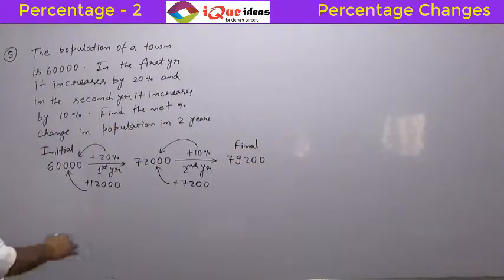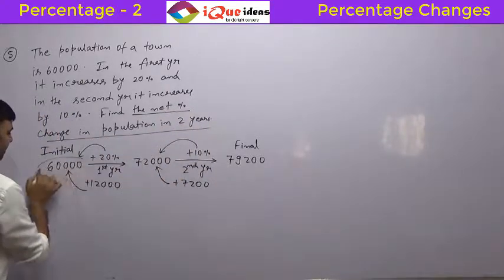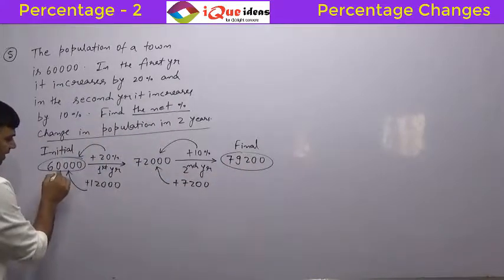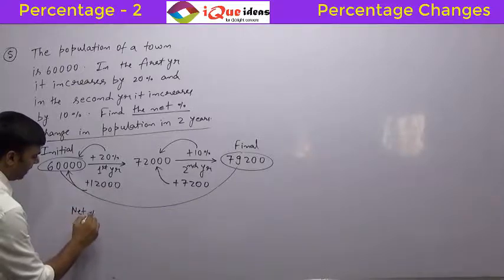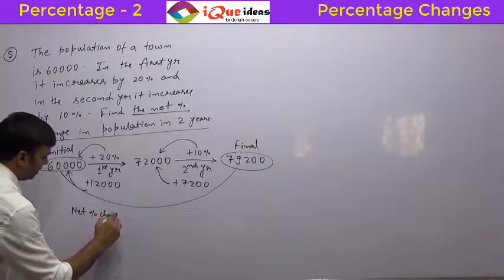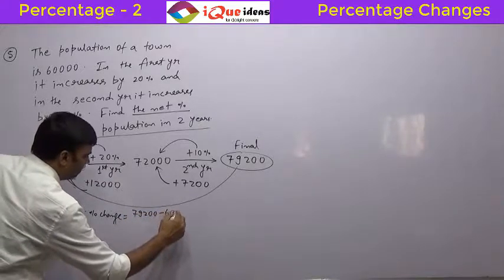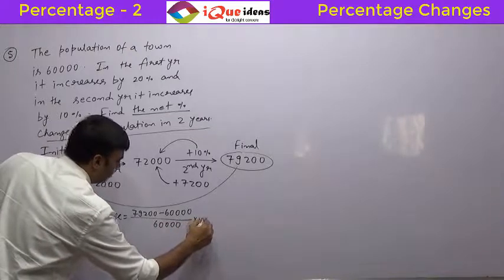Now what is the question asking? Net percentage change in population in 2 years. So this is our initial value, 60,000. Our final value is 79,200. So the net change will be calculated from here to here, right? So net percentage change is equal to final value 79,200 minus initial value 60,000, divided by initial value 60,000, into 100.